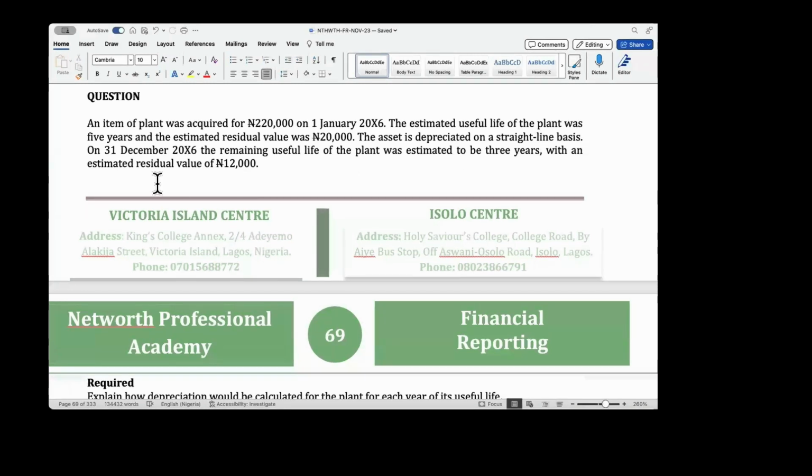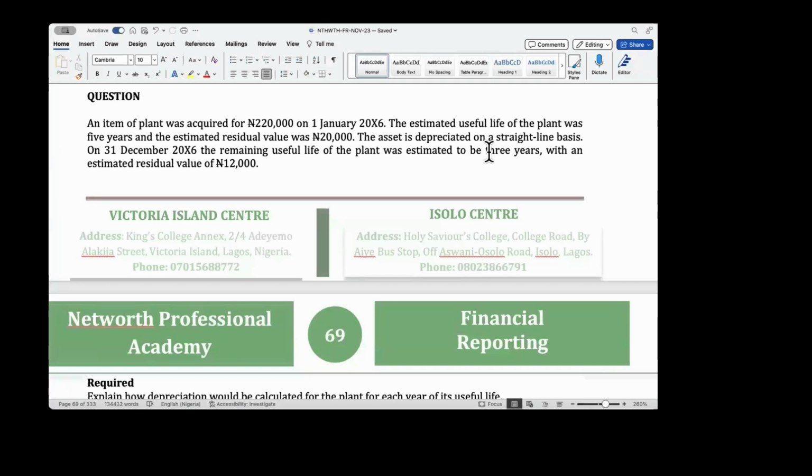We're now told that on 31st December 2006, the remaining useful life of the asset was estimated to be 3 years, with an estimated residual value of 12,000. So that means they have changed the useful life of these assets, because at the beginning of the year it is 5 years, and at the end of the year you're now saying it is remaining 3 years.